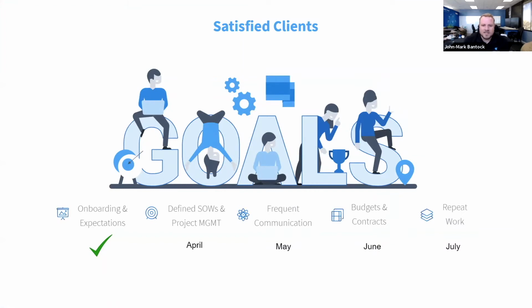There are a few goals that obviously come with this. We want to have clearly defined onboarding and expectation management. We want to have a good project plan with defined scopes of work. We want to be able to communicate frequently with clients, with all these relationships governed by good contracts that are clear for everyone. And ultimately, this will lead to good repeat work.